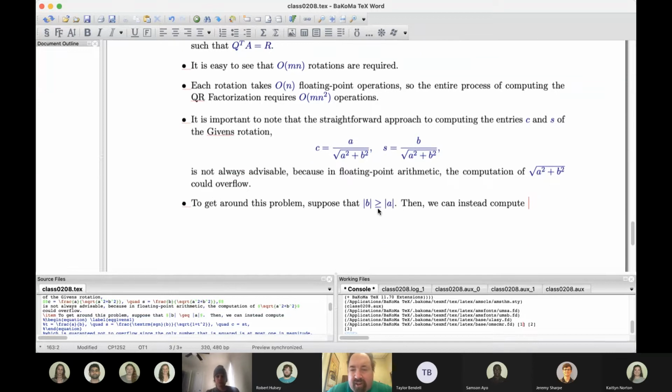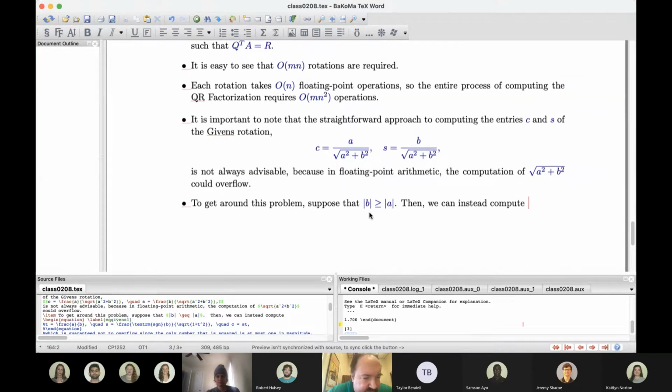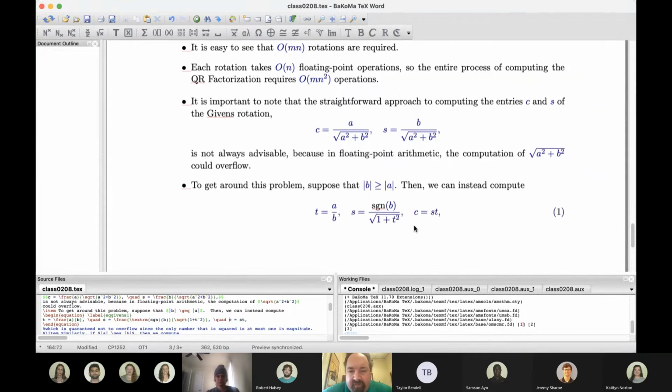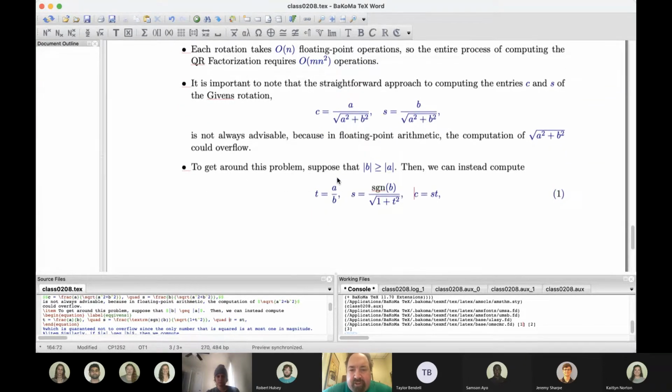If you assume that B is the larger, then we let T equal A over B. So this is guaranteed to be less than or equal to 1 in absolute value. So now this operation is no problem because we're just working with nice, reasonably sized numbers.